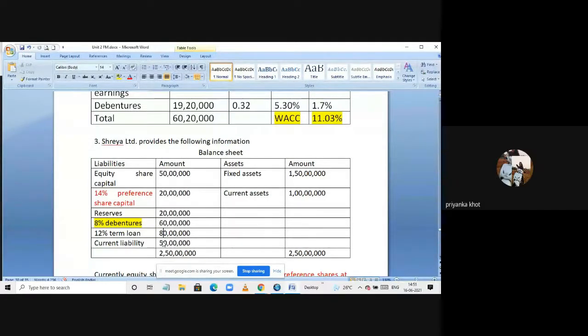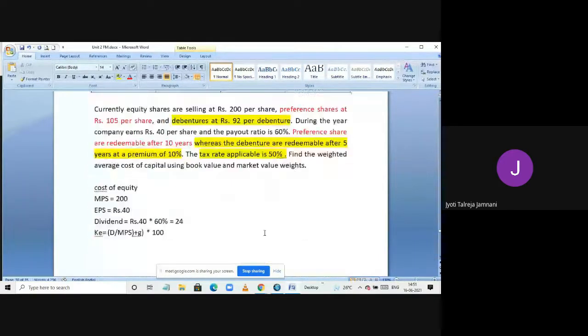If we take 80 only, it's 2 crore 50 lakh. Okay, let's take it 80 and do it.